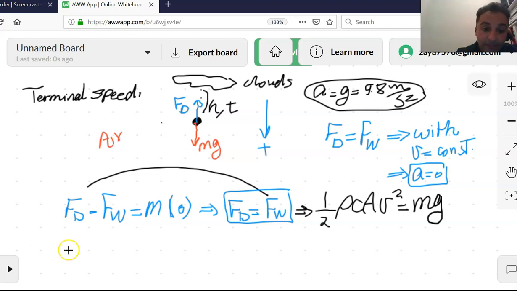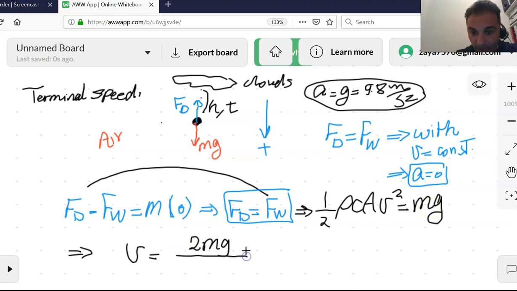Now guys, we can solve this equation for velocity, for speed. If I solve this equation for speed, V becomes what? Here I have 2mg divided by rho C A, am I right? And then I take the square root.